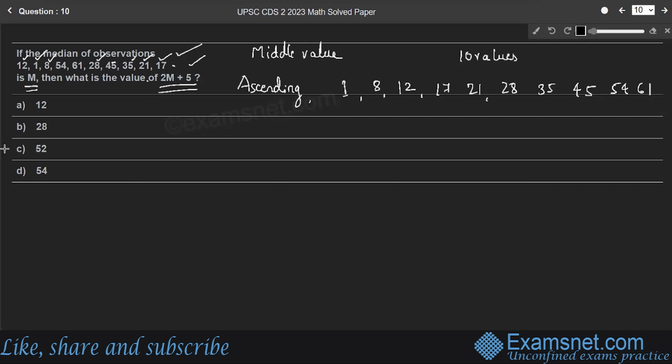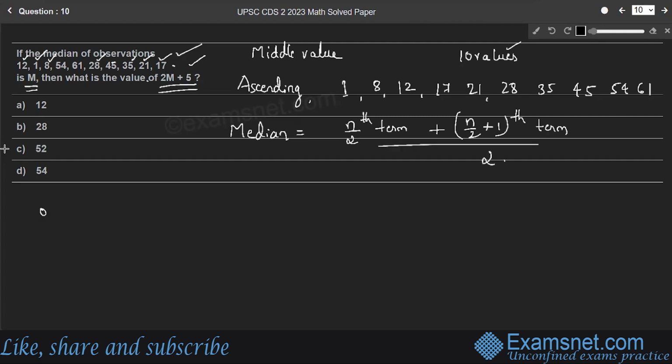For an even number of values in an observation, the formula says the median is the n by 2th term plus the n by 2 plus 1th term, whole divided by 2.